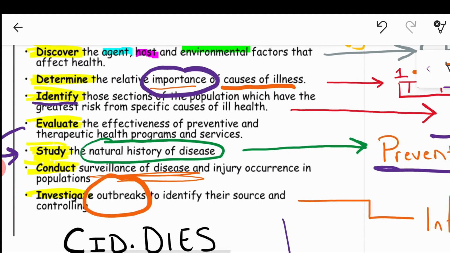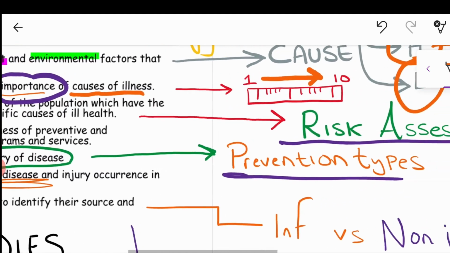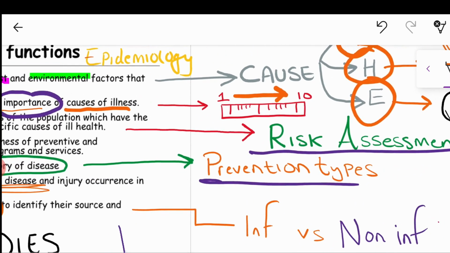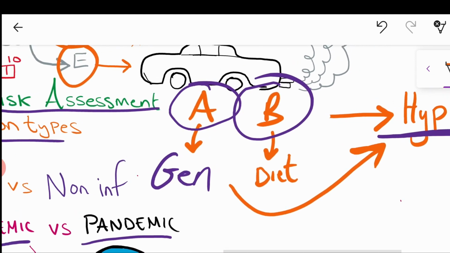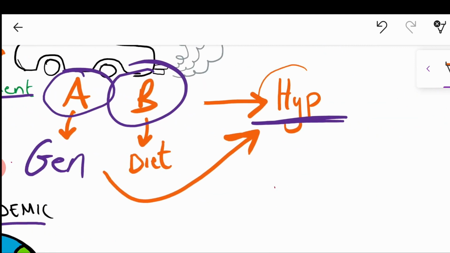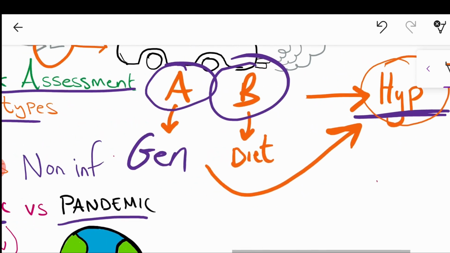Identifying. Here we want to identify which aspect of the population is more at risk, and how do we do this? We do it through risk assessment. Certain indicators we can use, as we'll see later on. And so you may think, or to put into perspective, population A and population B, and let's say we are focusing on hypertension.